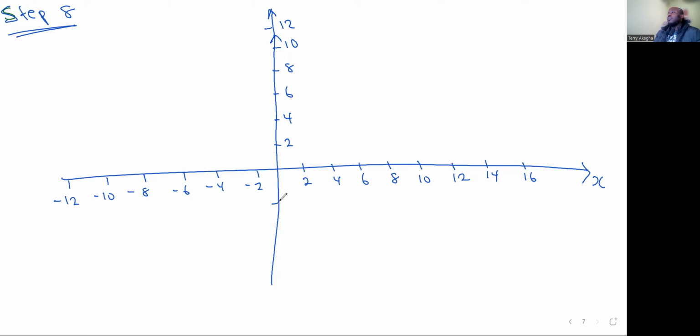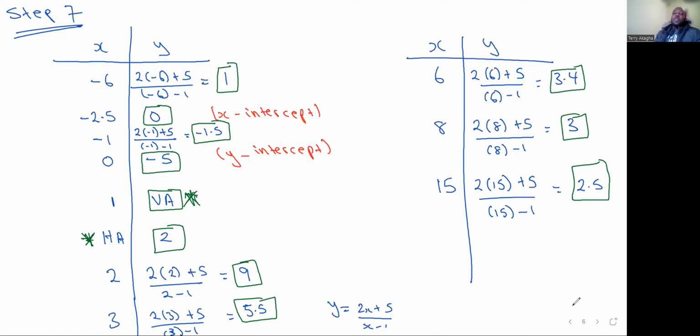Then we can have -2, -4, -6, -8. Then we can add one more, -10, to make it interesting. Okay, so let's start.